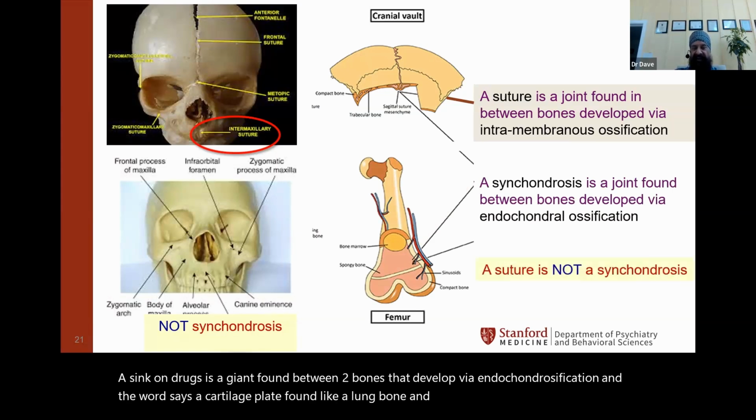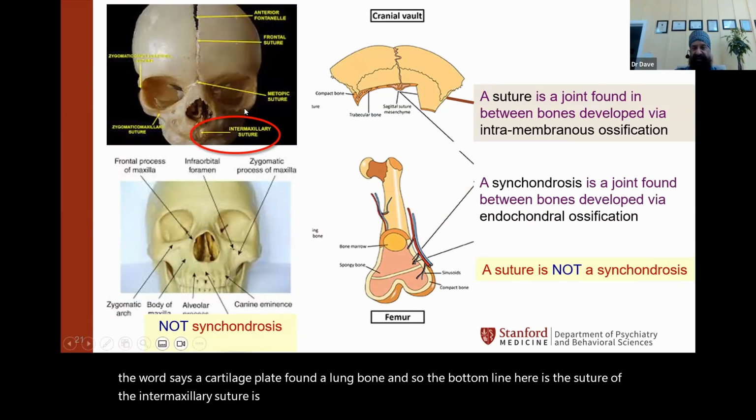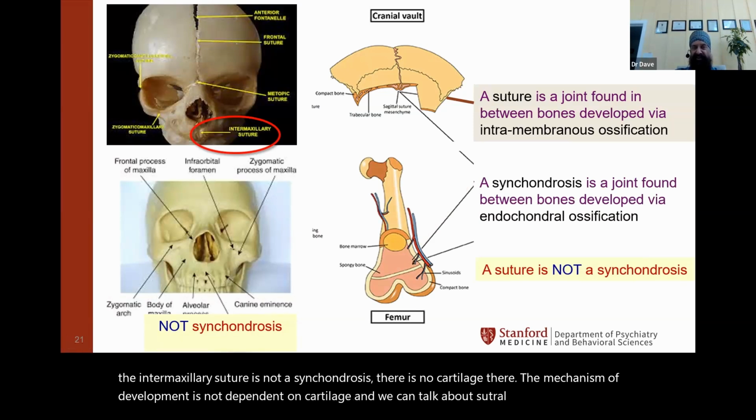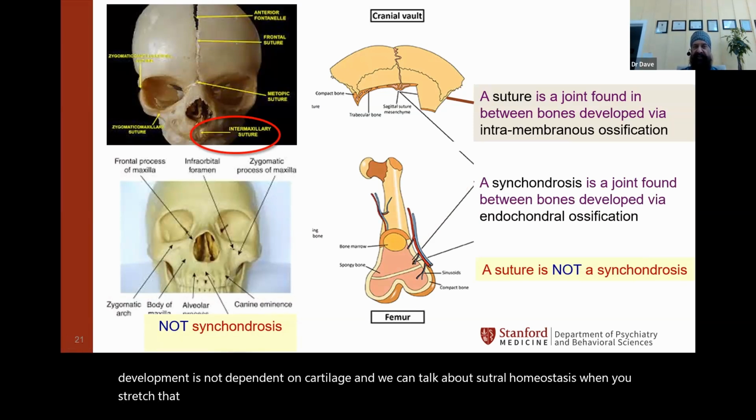So the bottom line here is the intermaxillary suture is not a synchondrosis. There is no cartilage there. The mechanism of development is not dependent on cartilage. And we can talk about sutural homeostasis. When you stretch that suture, the stem cells will differentiate to lay down new bone. And that most likely is the pattern or the mechanism of palatal expansion.